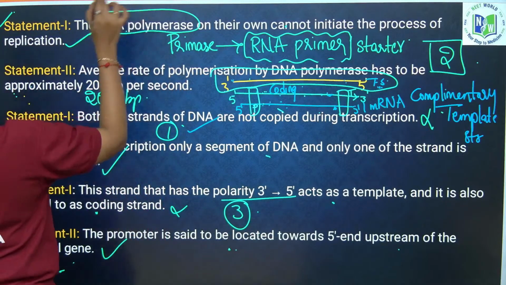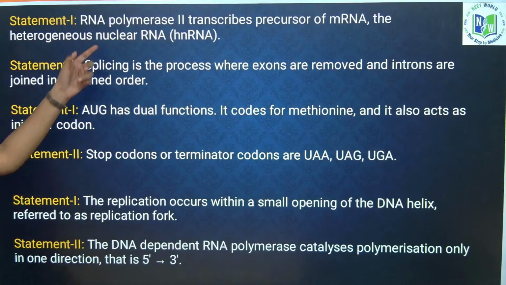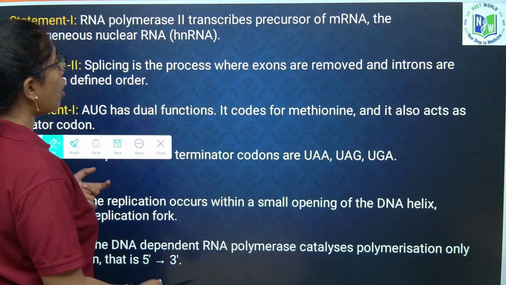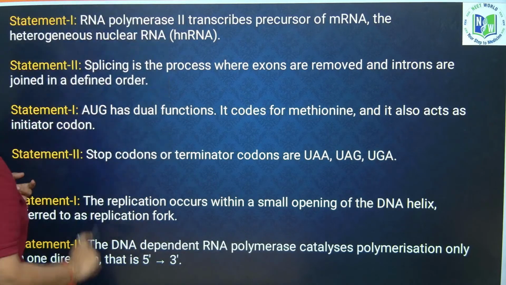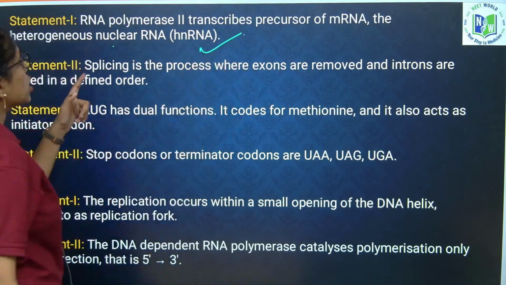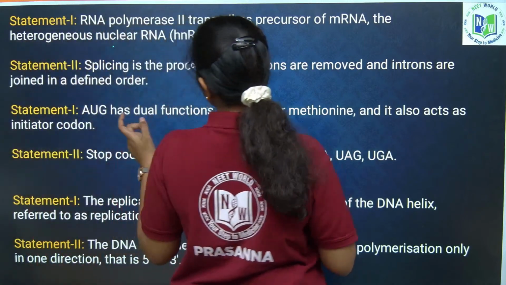Clear? Next question. Few more questions, beta, will be there. Yes, here RNA polymerase 2 transcribes the precursor of mRNA, that is the heterogeneous nuclear RNA. True. Splicing is the process where exons are removed and introns are joined.